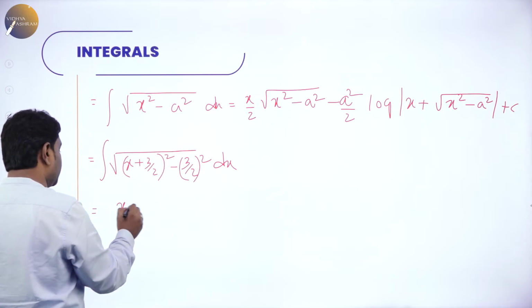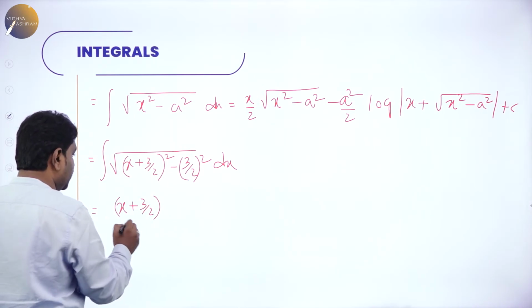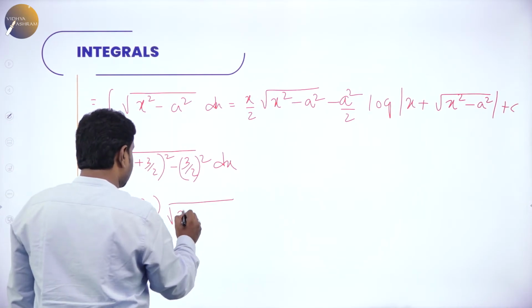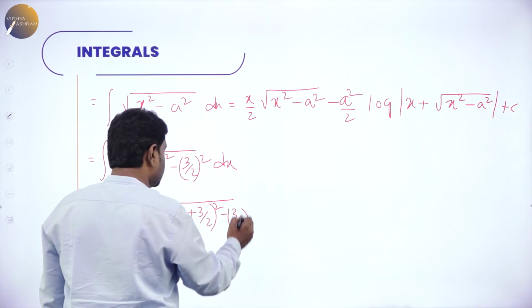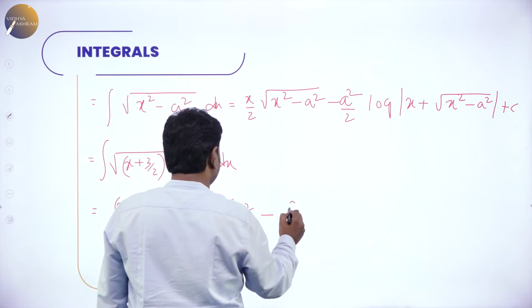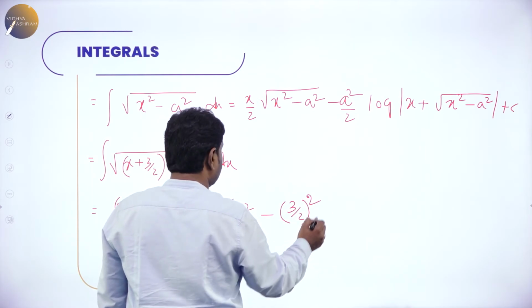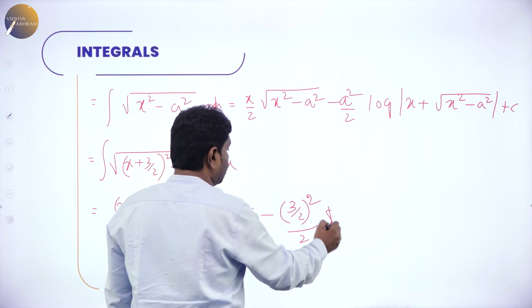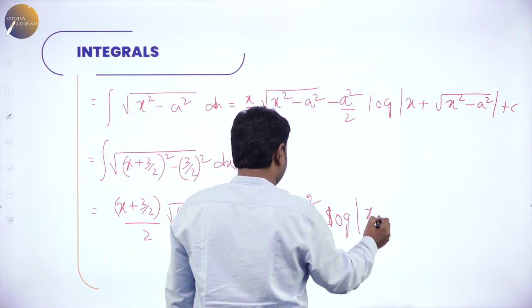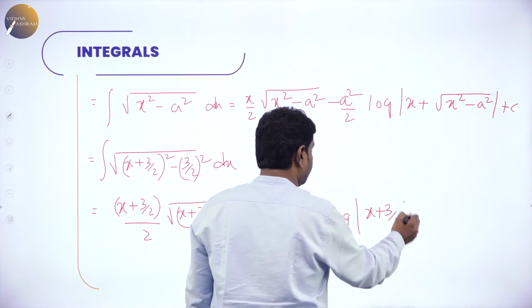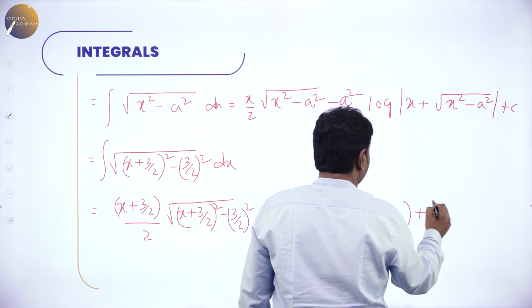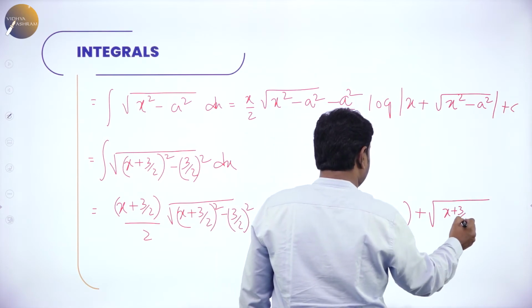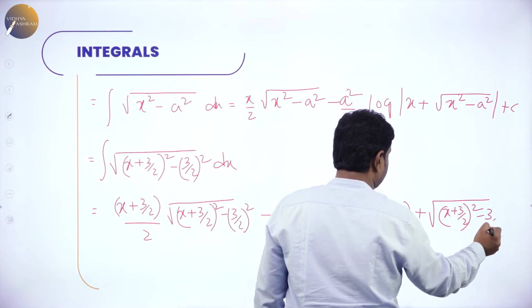In the place of x we have x + 3/2. So (x + 3/2)/2 into root of (x + 3/2)² − (3/2)² minus a²/2, that is (3/2)² divided by 2, log of mod of x + 3/2 plus root of (x + 3/2)² − (3/2)².